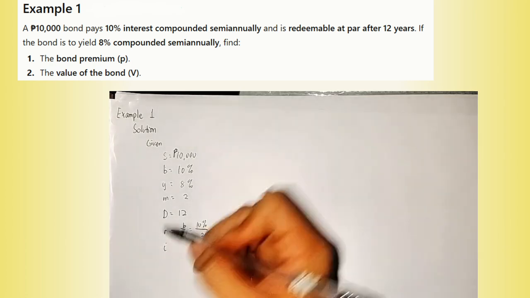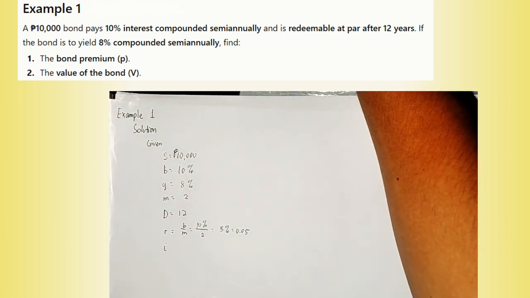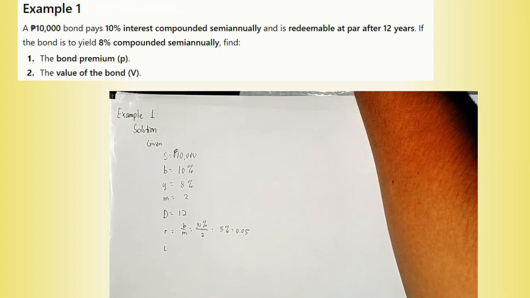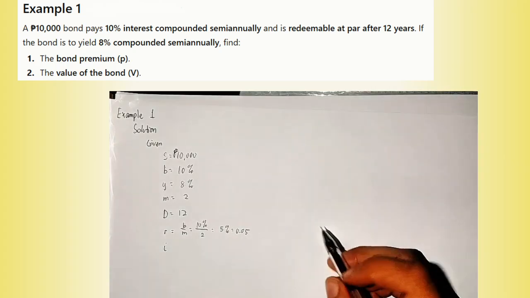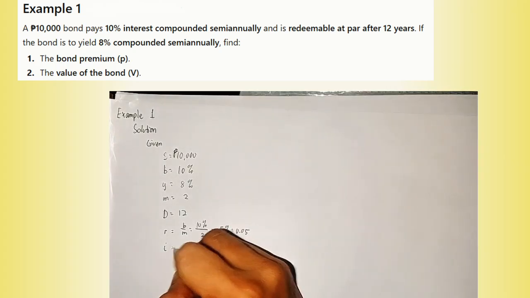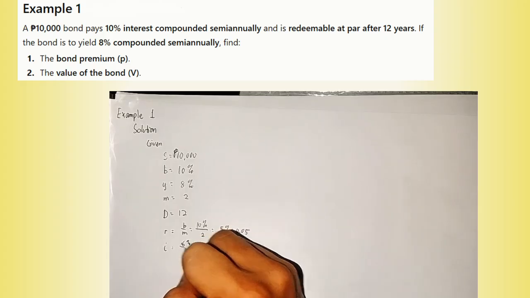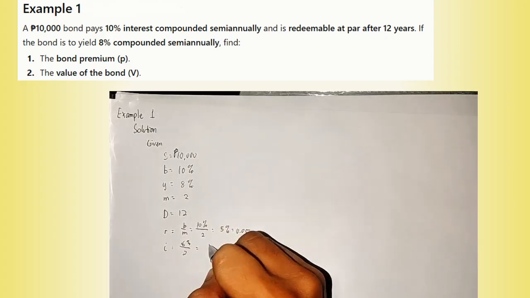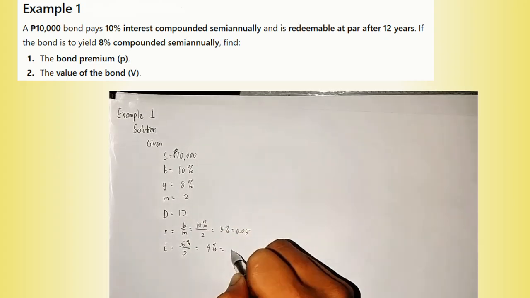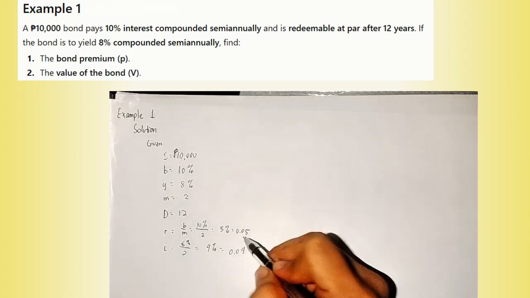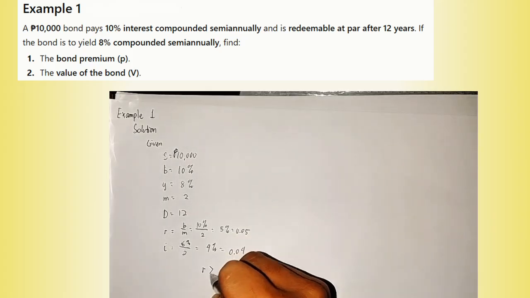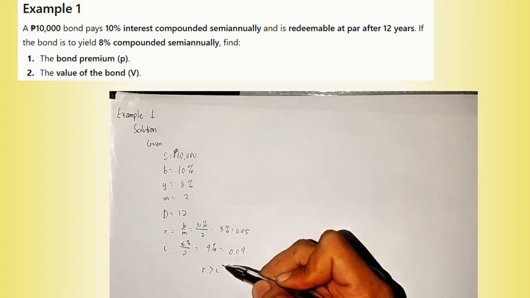Our I, or the yield rate, is 8% over 2, which is equal to 4% or 0.04. As you can observe, R is greater than I, right?